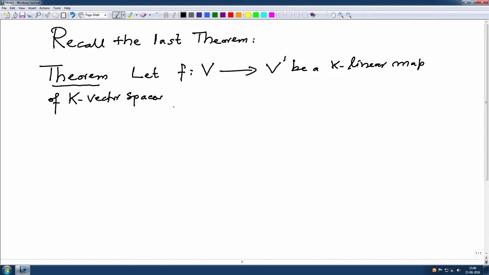And another one, G from V to V bar, another K-linear map.